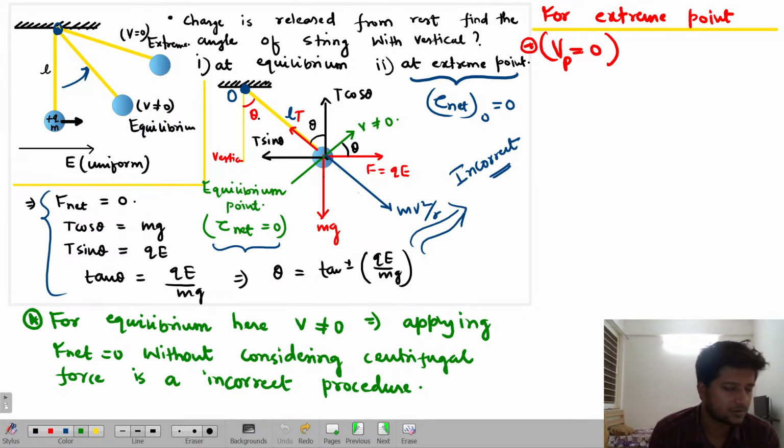Is that clear or not? Are you able to get me? मजा आया? Yeah, you have to always consider work energy theorem. ठीक है?